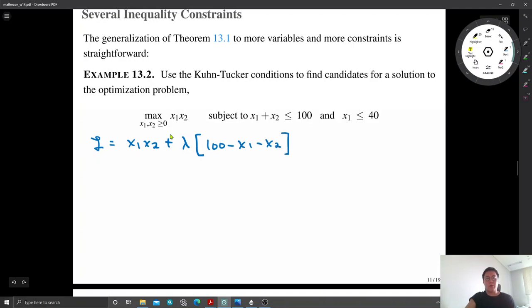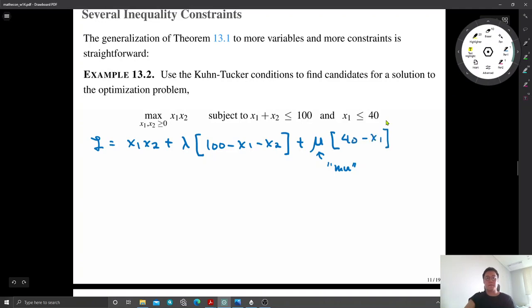And we need one more Lagrangian multiplier, because we have one more constraint here. So let me use another Greek letter, mu. So this is called mu. And then 30 minus x1.